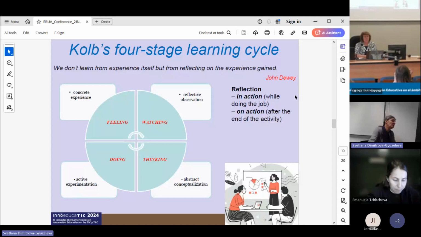So the learner's journey begins with a concrete experience, and we try to encourage the learners to carefully observe and reflect on what they see, that is, reflect in action, in order to try and understand better what they experience.